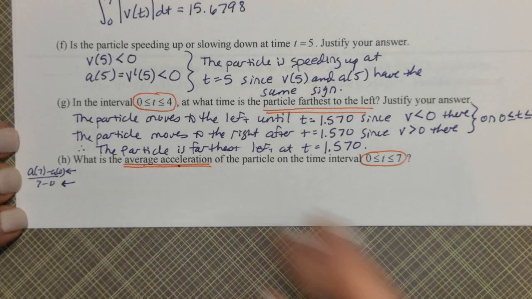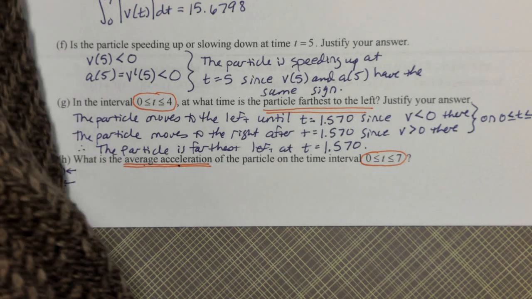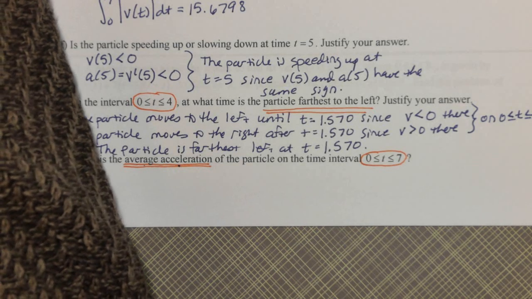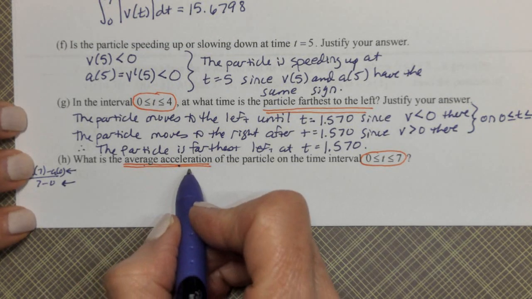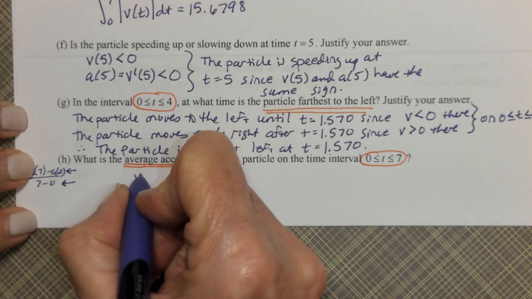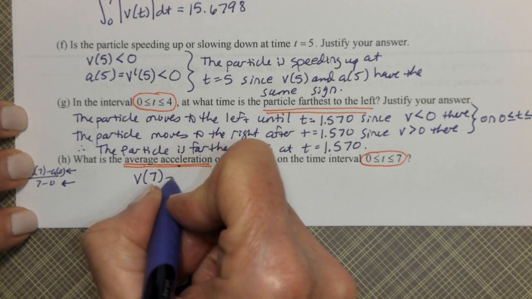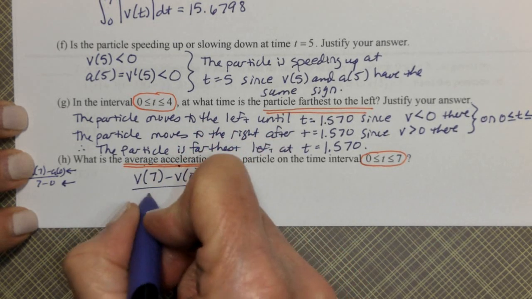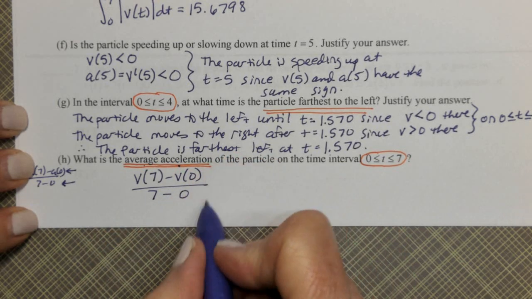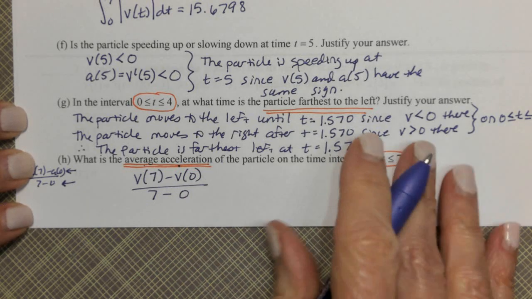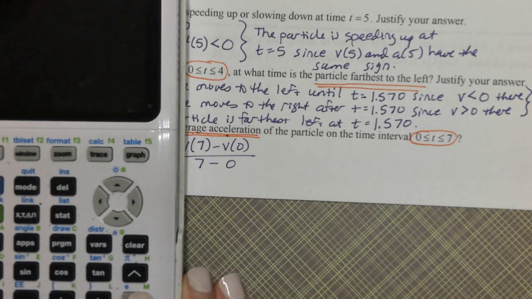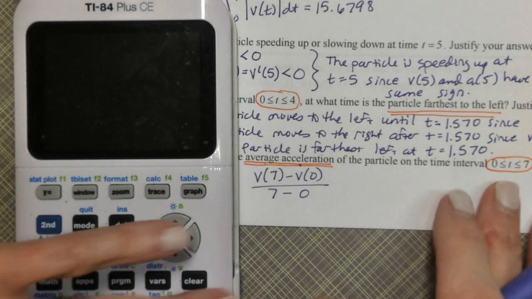To get average acceleration, we need the change in velocity divided by change in time. That's going to get us units of acceleration. That's what we want. Okay, so I'm going to do that. Velocity is in our calculator.